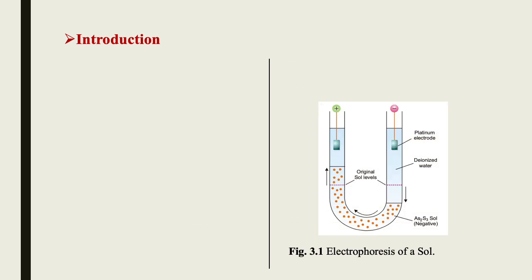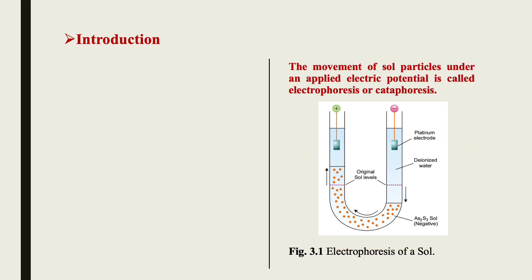As you can see on the right hand side, there is a U-shaped glass tube, inside which a solution is filled, that is deionized water, and it also has some arsenic sulfide sol particles. It is embedded with platinum electrodes, which are connected to the positive and negative ends of the electric potential. Now we are going to see how this electrophoresis setup will work.